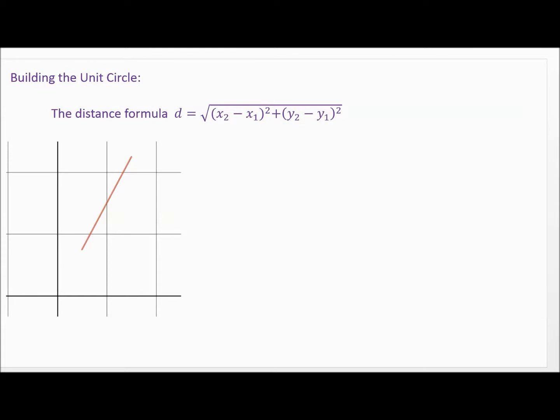Folks, now that we have the idea of an angle well defined, and you can measure an angle in radians or in degrees, I want to talk about the main idea of what trigonometry is based on. And really, trigonometry can be built two different ways.